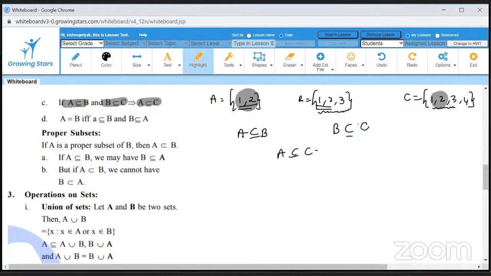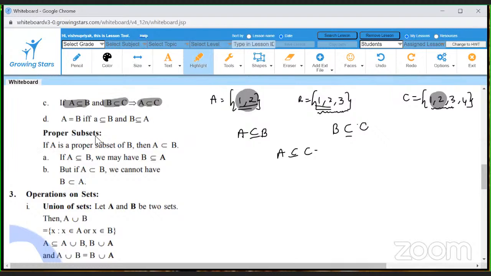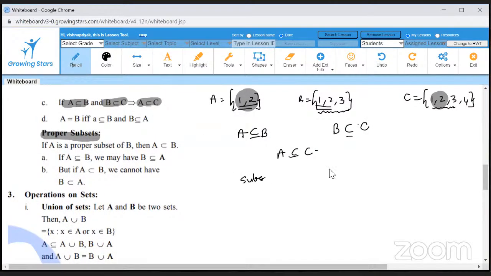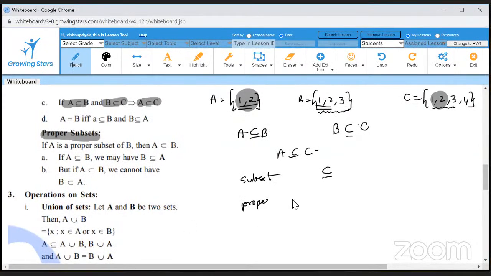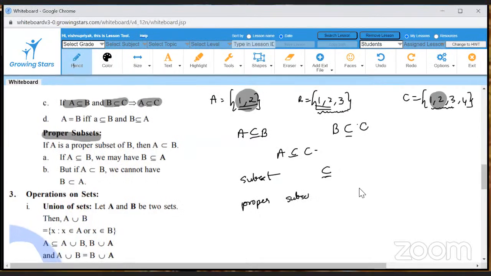Now there is a difference between proper subset and subset. If you write subset, you will write like this. Subset means this symbol. Proper subset means just like this. What is the difference between subset and proper subset?